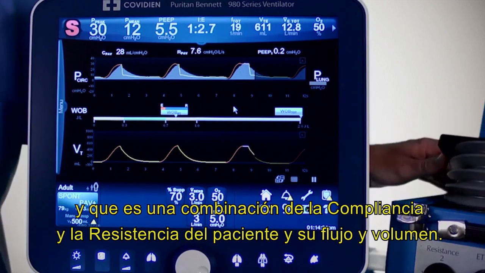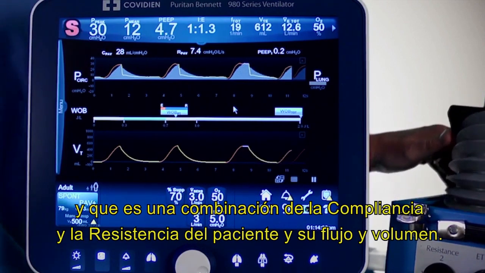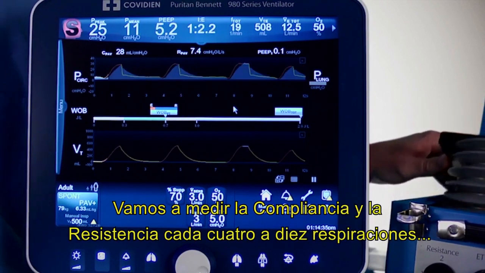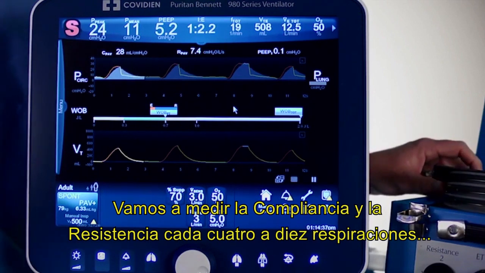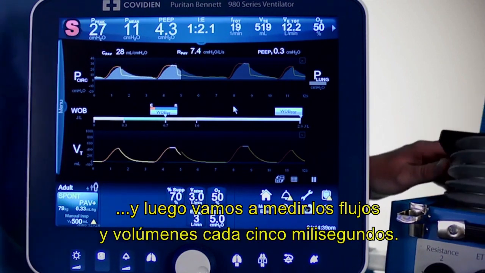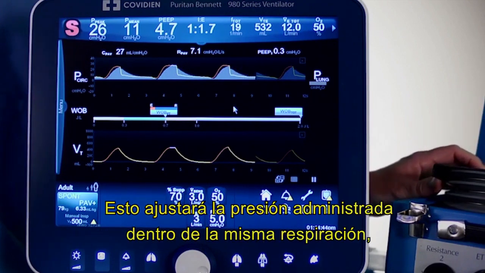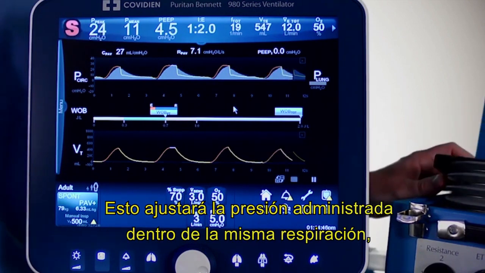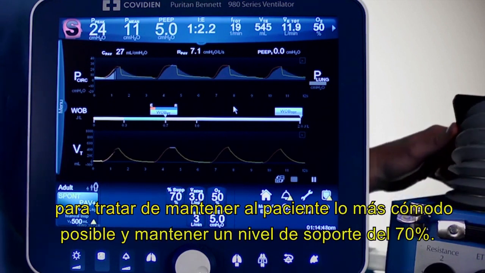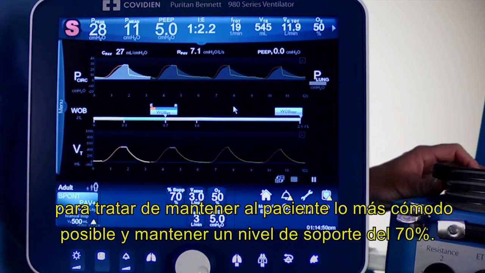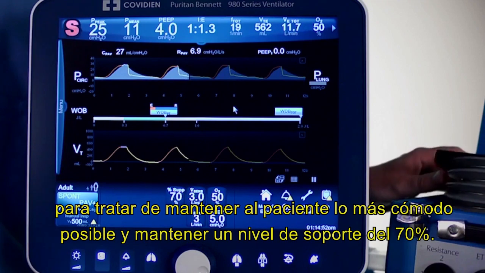And that is a combination of the compliance and resistance of the patient and their flow and volume. So we're going to measure the compliance and resistance every 4 to 10 breaths, and then we're going to measure the flows and volumes every 5 milliseconds. And we'll actually adjust the delivered pressure within the same breath to try to keep that patient as comfortable as possible and try to maintain a support level of 70%.